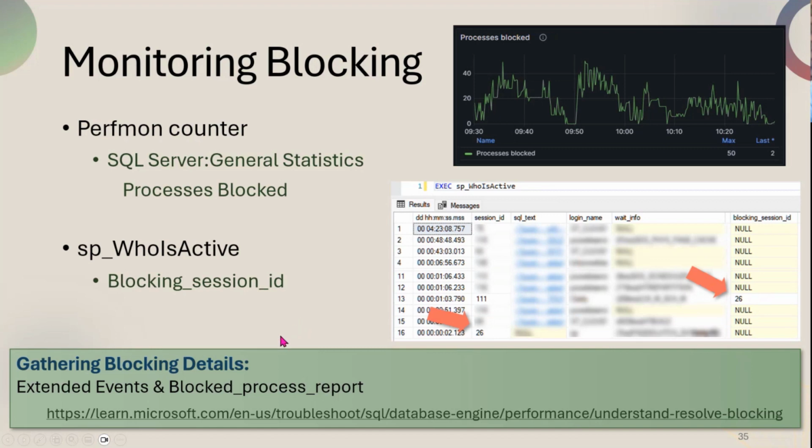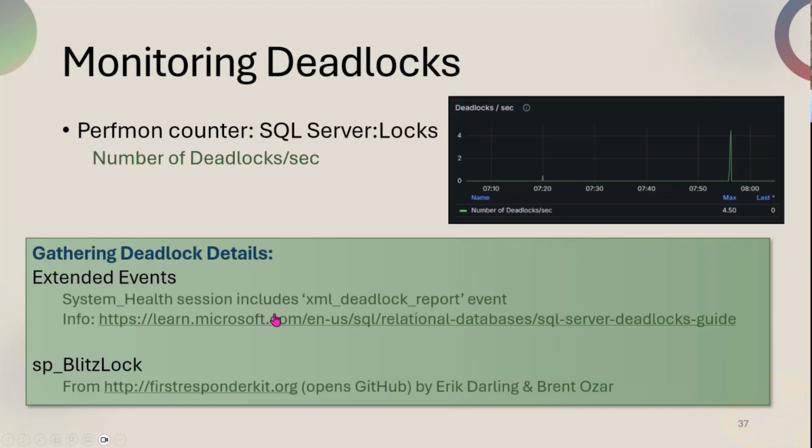If you want more details on blocking itself, there is the blocked process report within extended events. There's a whole setup for that. There's a link here to go into that if you're looking for more details on blocking itself.